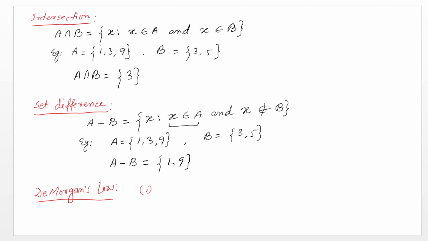One: (A union B) whole bar is equal to A bar intersection B bar. Number two: (A intersection B) whole bar is equal to A bar union B bar. Basically these are A complement union B complement, or bar.